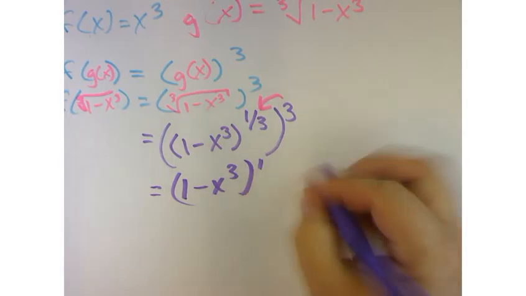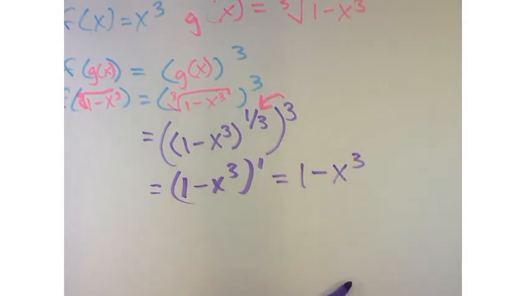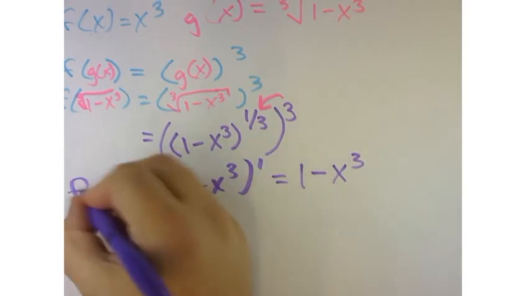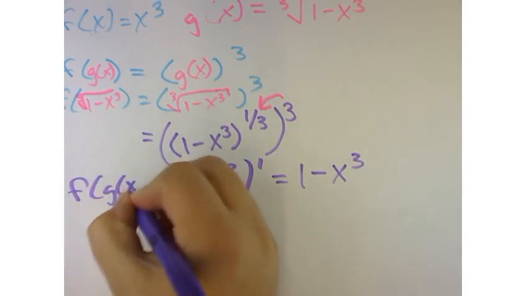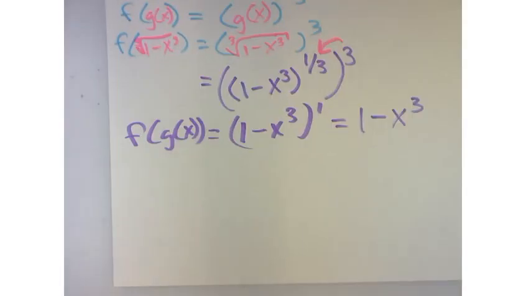Raised to the 1, which is just 1 minus x cubed. So basically f of g of x is 1 minus x cubed. Does that make sense?